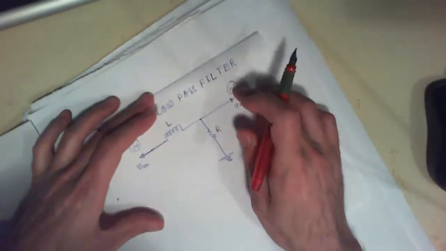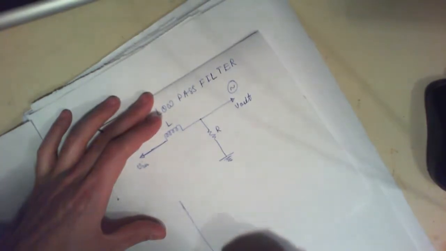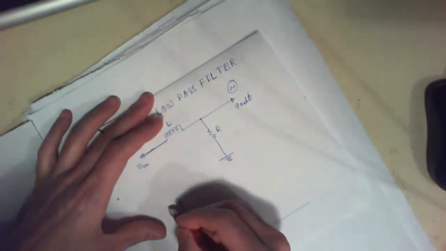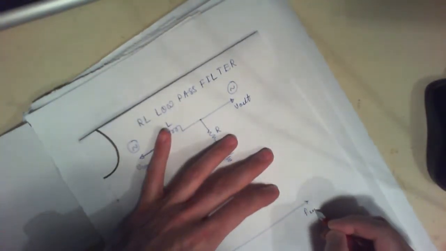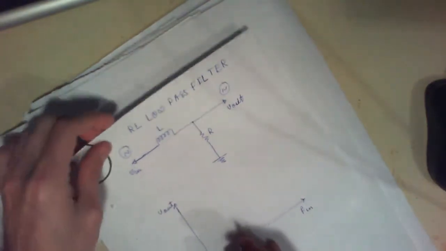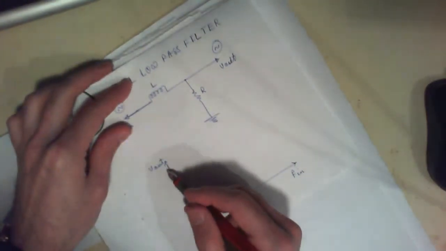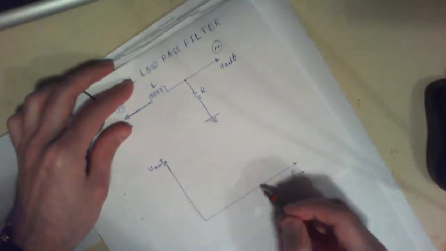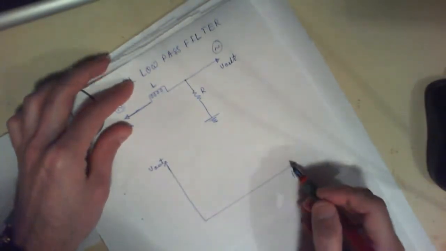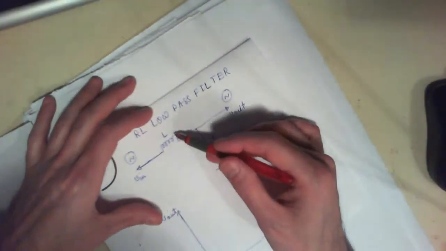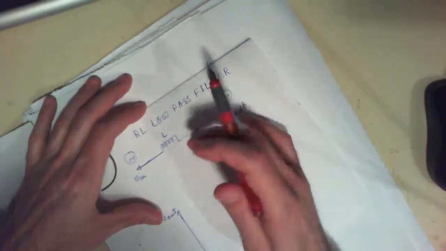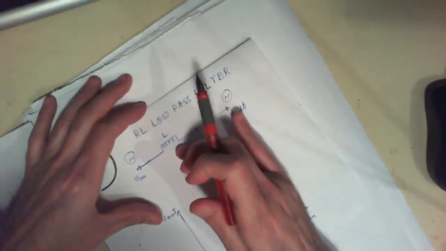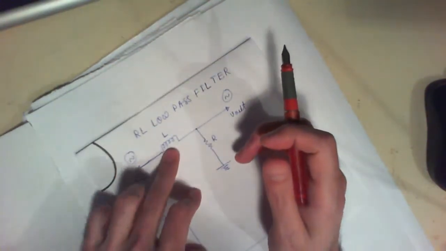If you draw a graph of V out versus frequency for this circuit, this is the input frequency. As you increase the frequency, the reactance of this inductor is going to increase.